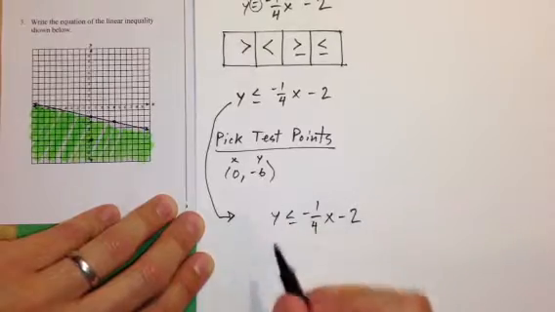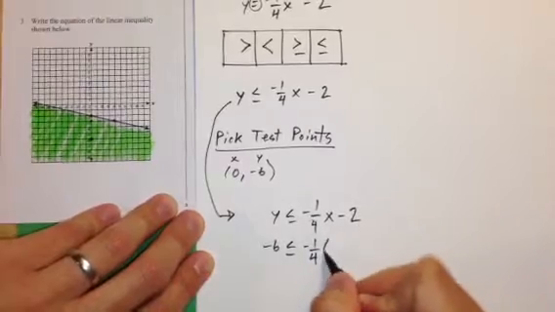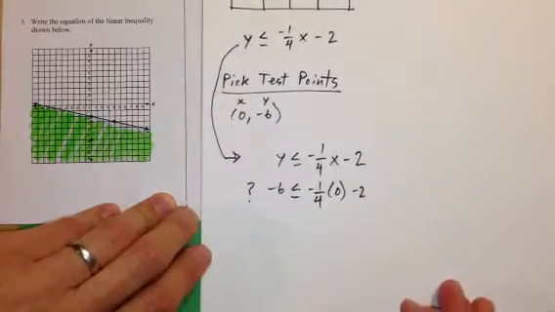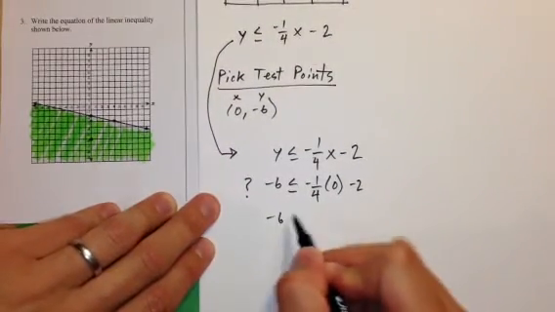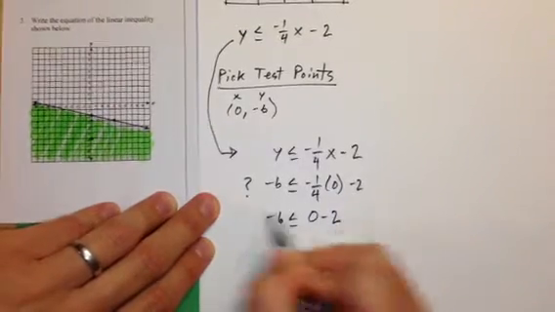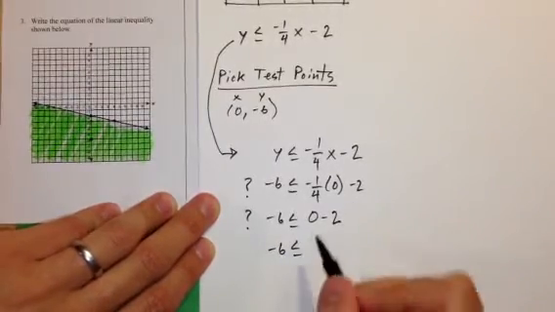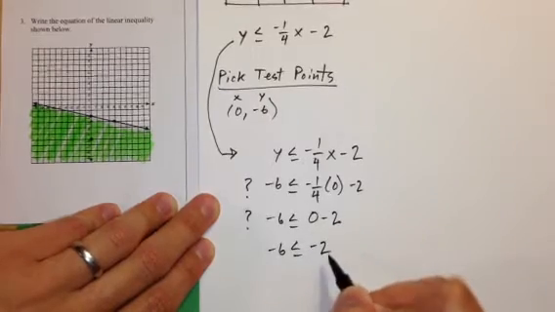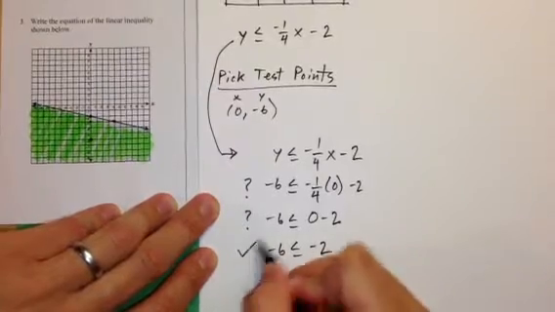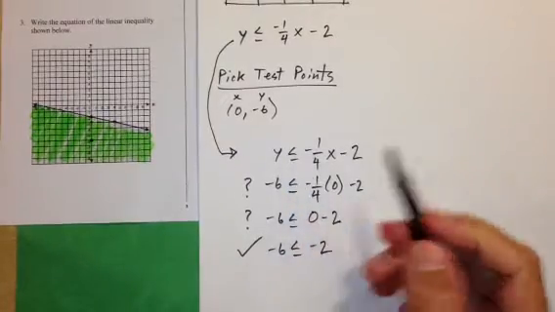So I plug in -6 is less than or equal to -1/4 times 0 minus 2, and I'm just going to put a question mark, because I'm not sure if it's true. -6 is less than or equal to 0 minus 2, which is -2. So is -6 less than or equal to -2? Yes, -6 is smaller than -2, so that does work. That means we have chosen our inequality correctly.